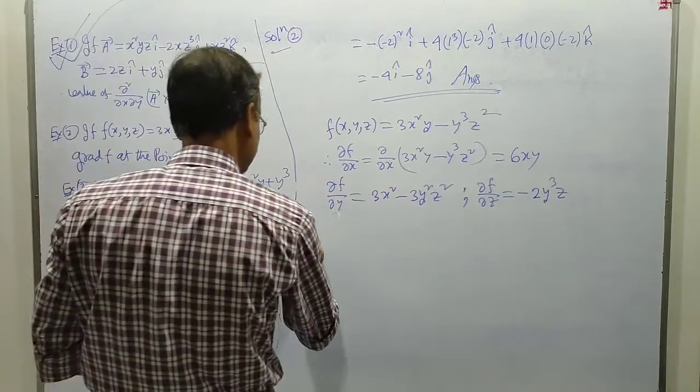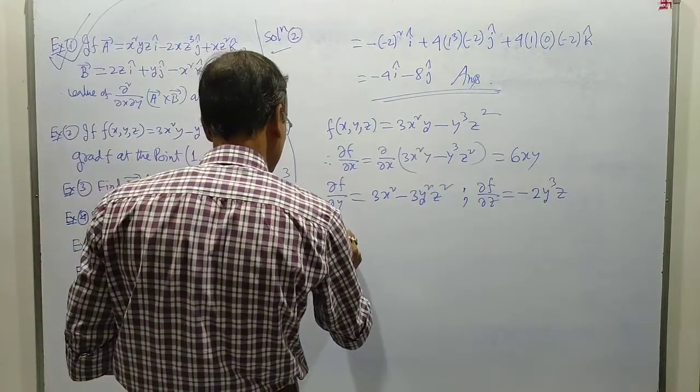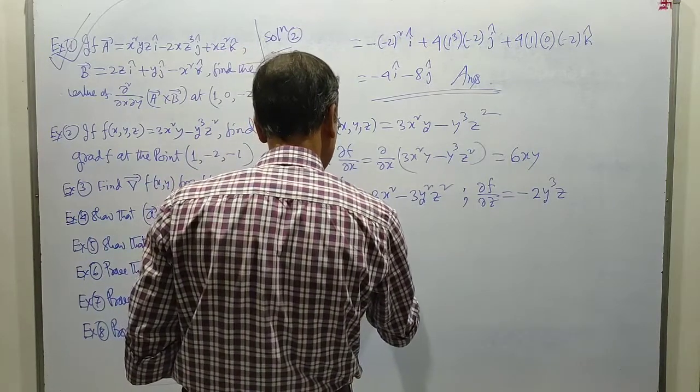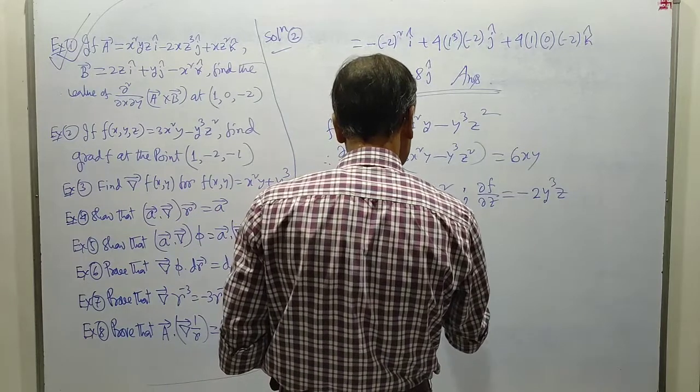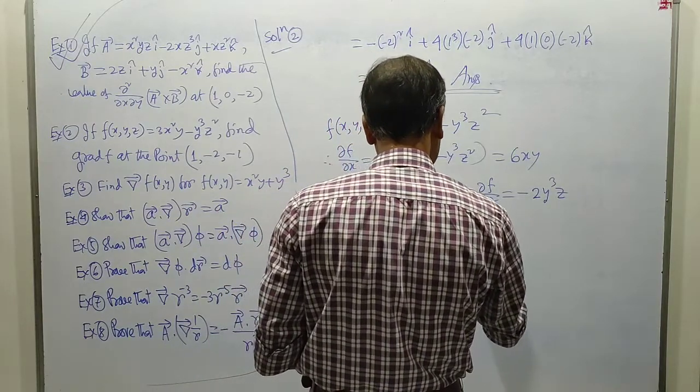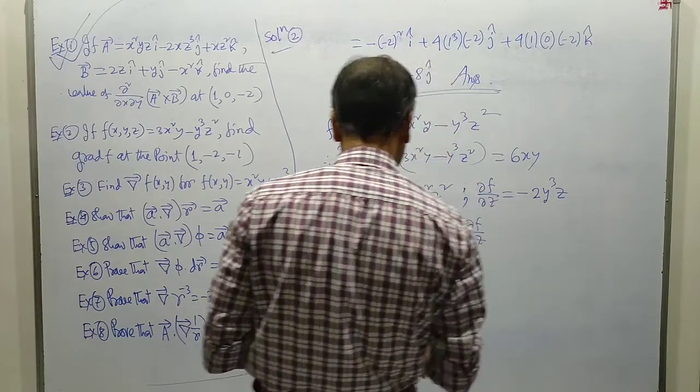Therefore, the gradient of f equals i cap del f by del x plus j cap del f by del y plus k cap del f by del z.